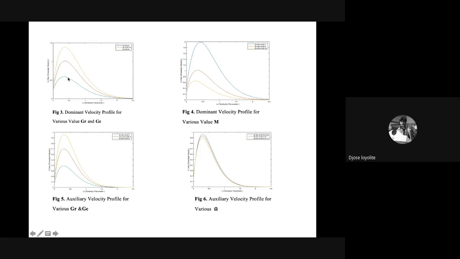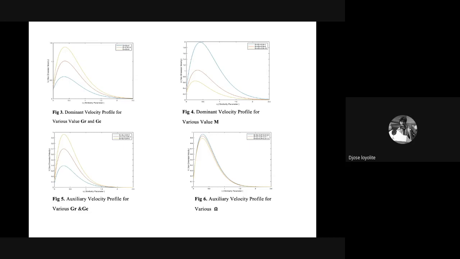Therefore, the velocity tends to increase with increasing Grashof number. Figure 4 shows the primary velocity profile for various values of the magnetic field parameter, setting it as 1, 5, and 10, and Gr/Gc equal to 5.